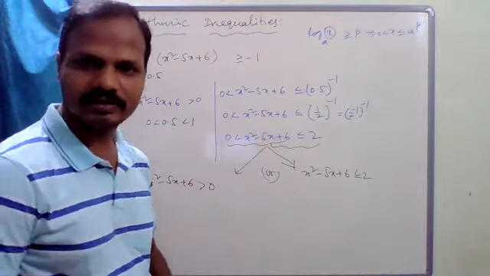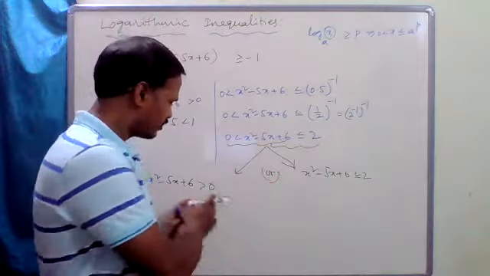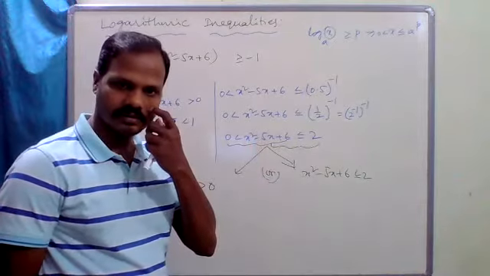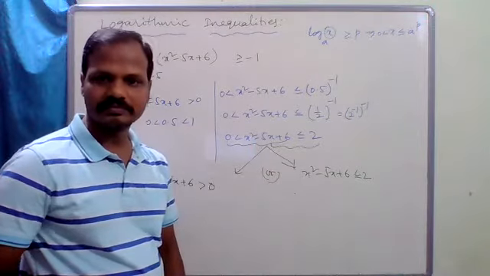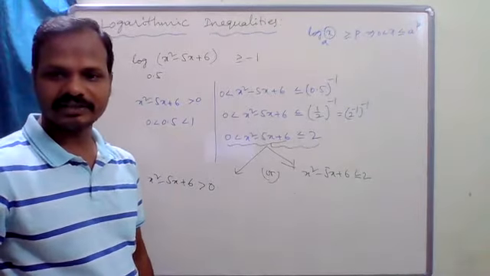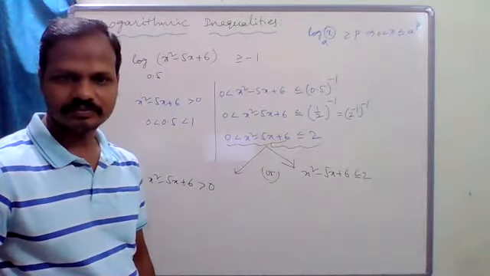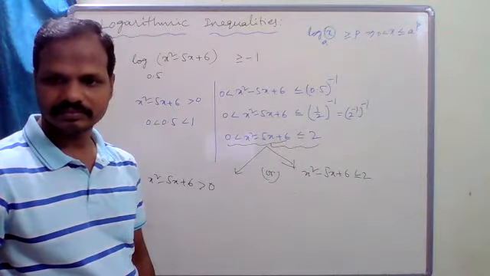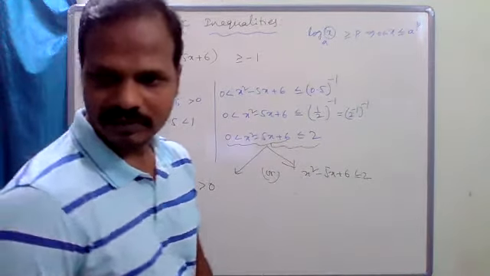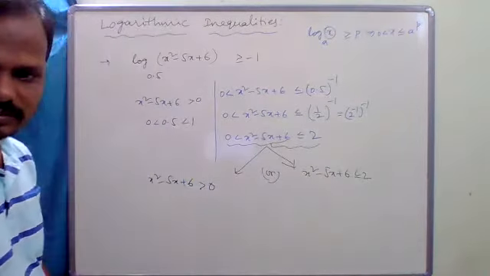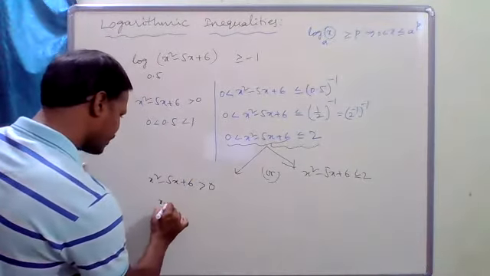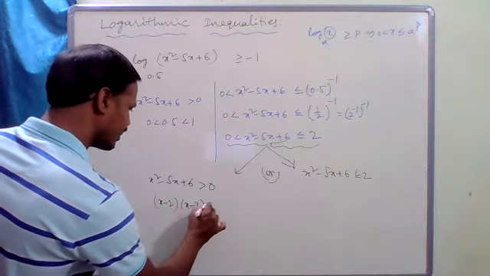Which one do you have to use, or or and? Uday Kiran told the answer also. Okay, fine. And now this is x minus 2 into x minus 3 greater than 0.